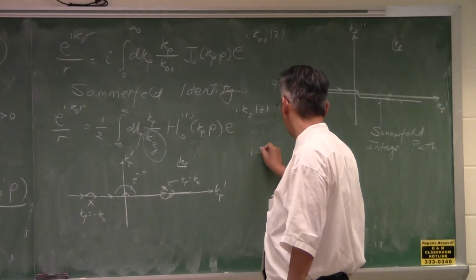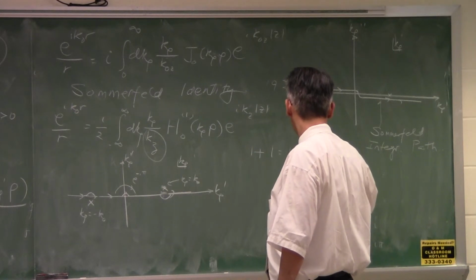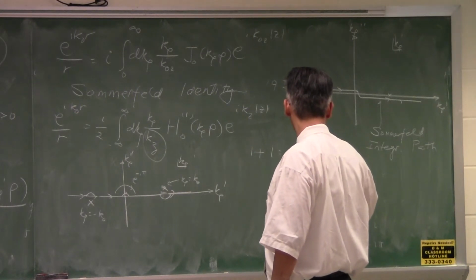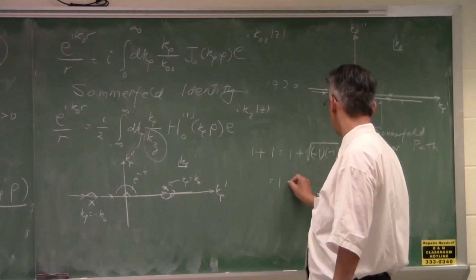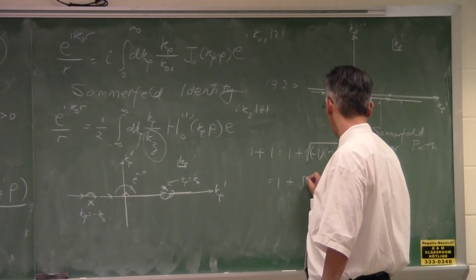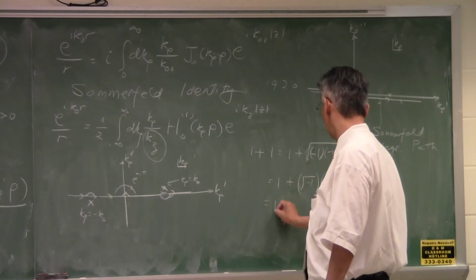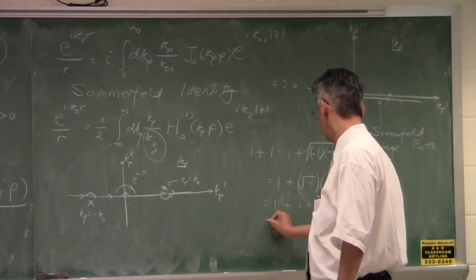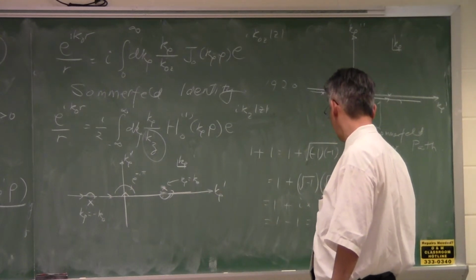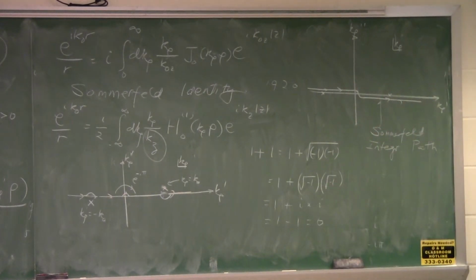Like 1 plus 1 is equal to 1 plus square root of minus 1 times square root of minus 1, which is 1 plus I times I, which is 1 minus 1 is equal to 0, right? You can go through this proof and get to prove that 1 plus 1 is equal to 0.